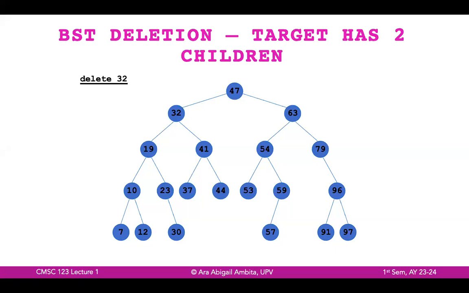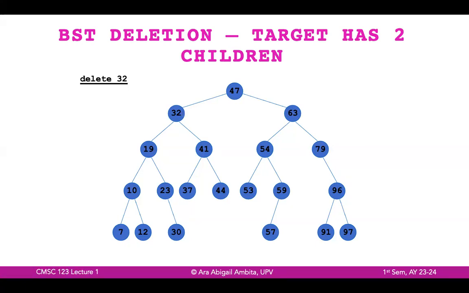Next, we have this tree again and we want to delete 32. So where is 32? Yeah, this is 32 on the left of 47. Now, as I mentioned, this is another case. This is the most tricky part of all. And there are two implementations.